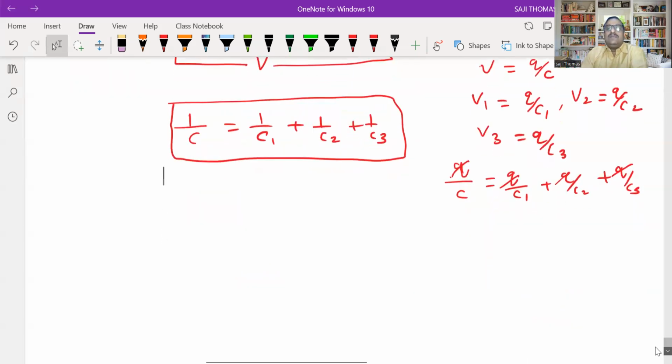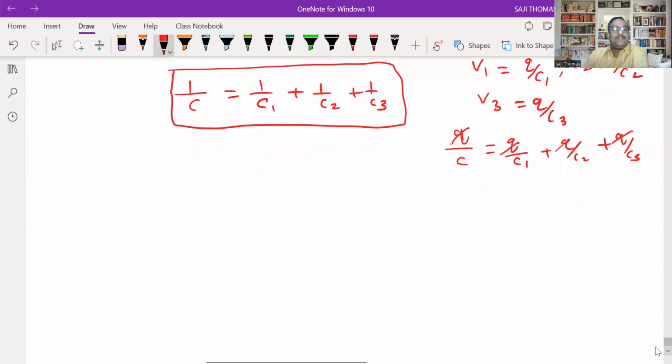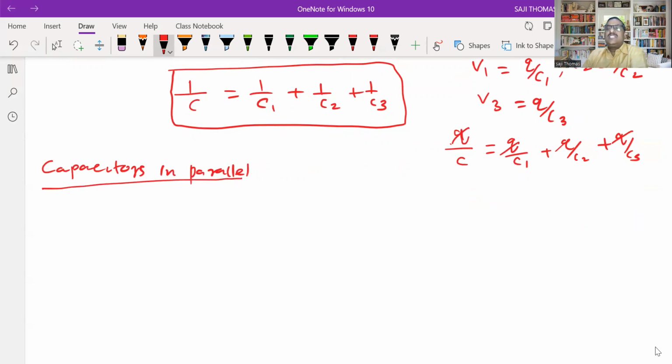Now we can discuss capacitors in parallel. Here we connect all the capacitors between the same points, across two common points.